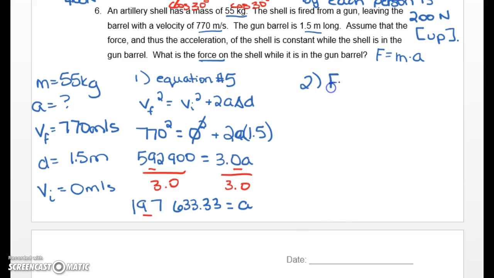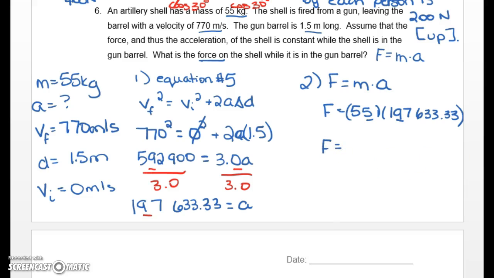You know that our force is equal to your mass times your acceleration. So the mass we know was 55 kilograms times your acceleration, which we had calculated, was this very big number of 197,633.33, with our 9 being that significant digit.